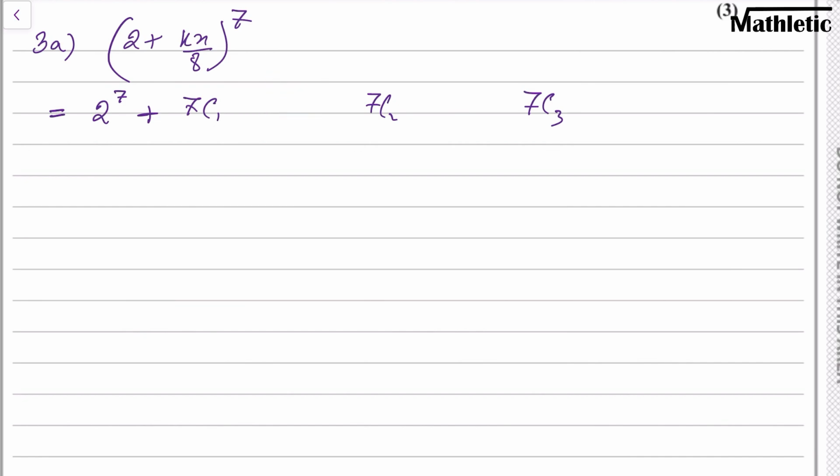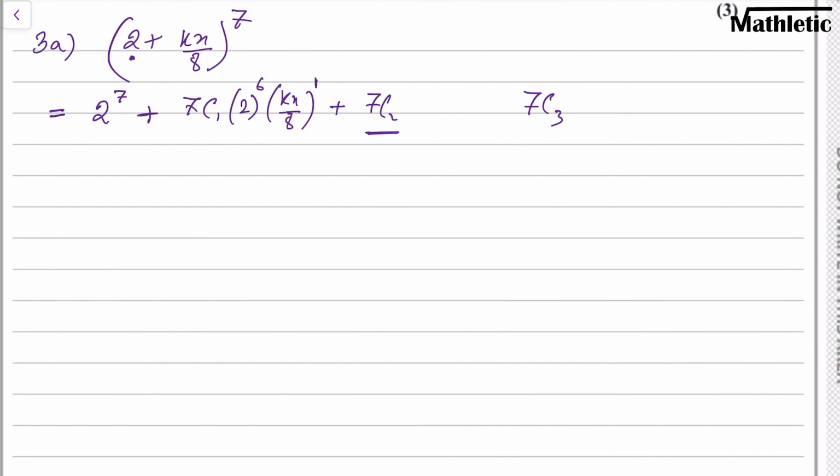As in, first term is 2, so the power of 2 was 7, and now the power of 2 will decrease by 1, it will be 6. And the second term takes the power from the c. We have 1 here, so that's why the power is 1.